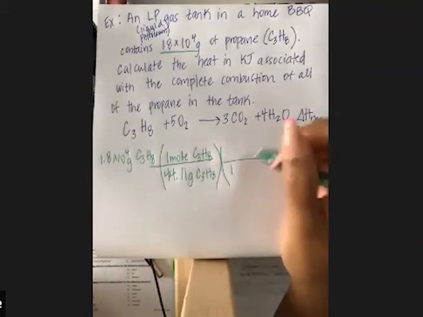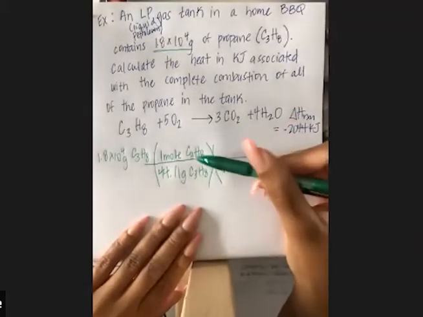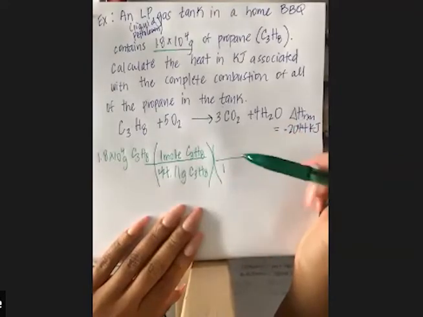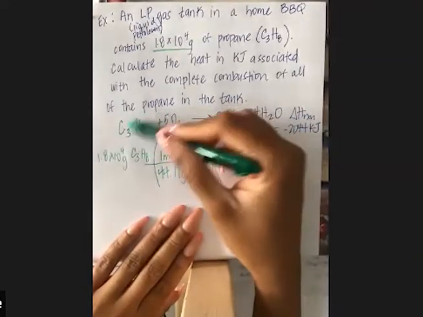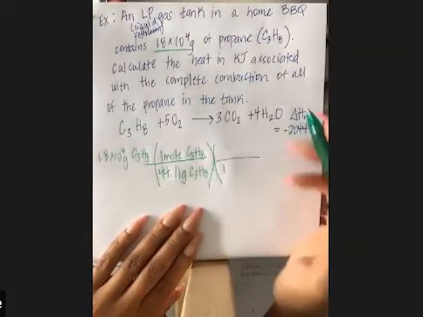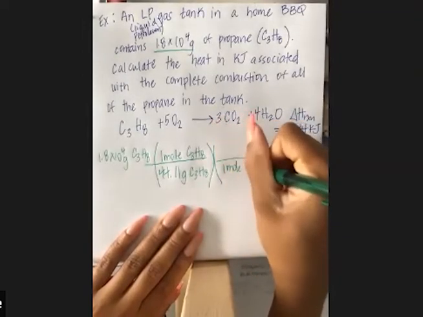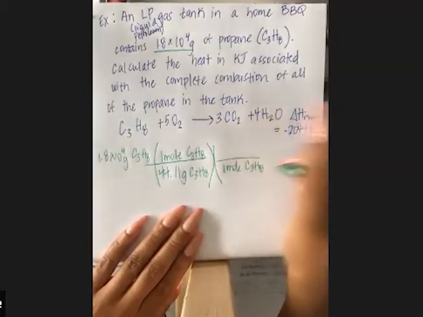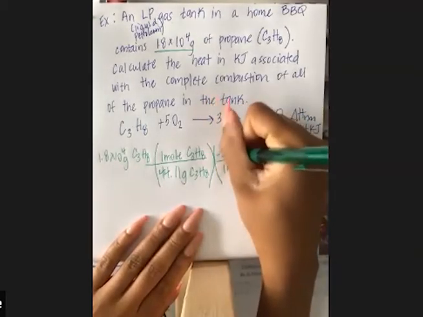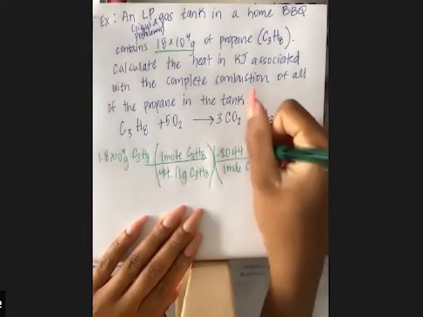All right, so then once we get to moles of propane, we can set up a ratio that says one of these gives me this much heat. So I can say 1 mole of propane is going to give off this much heat.